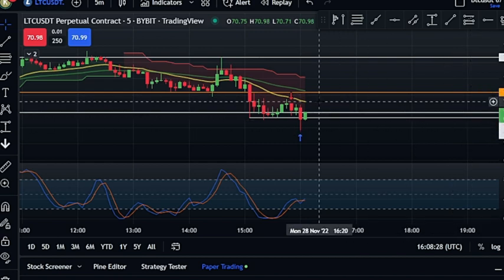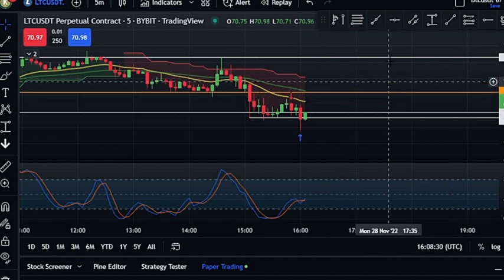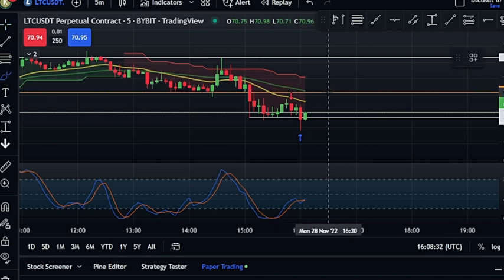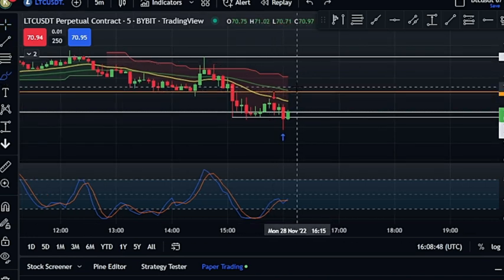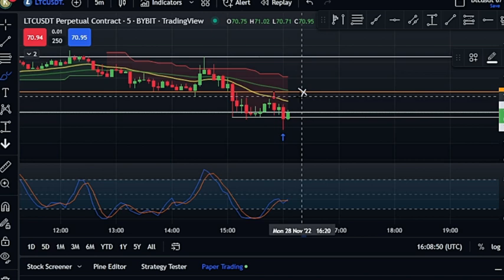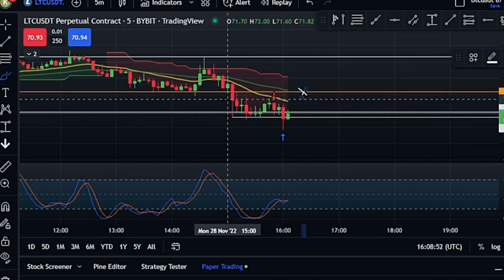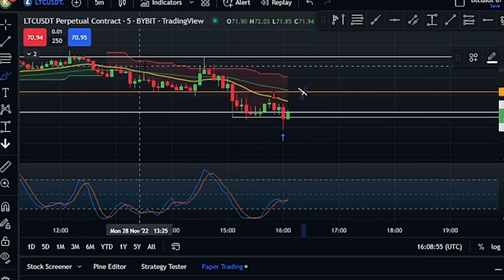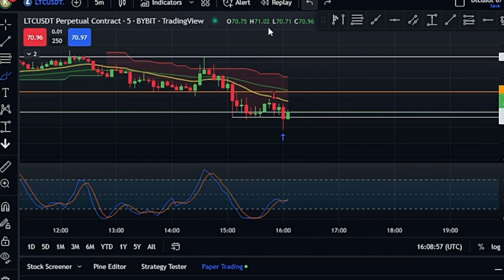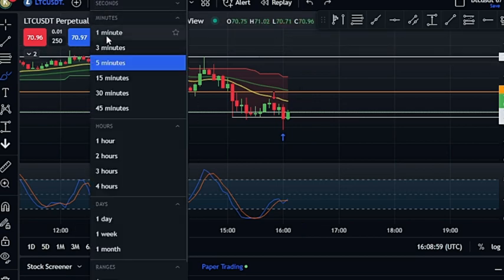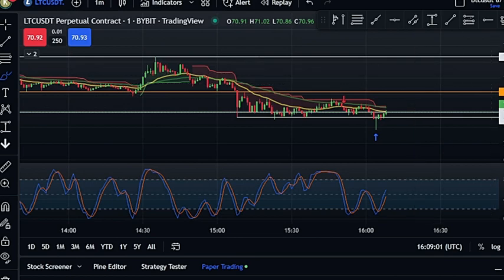So now on the 5 minute, as I said before, I'm still waiting for this support to be tested again. So this support needs to get tested again, as I think it should be. And now we're gonna wait. So in the 5 minute, looks like we might get a test again, but we don't need to get that. So as soon as we get a signal from our indicators here, we're gonna take another trade.